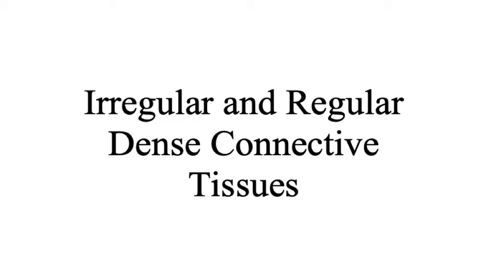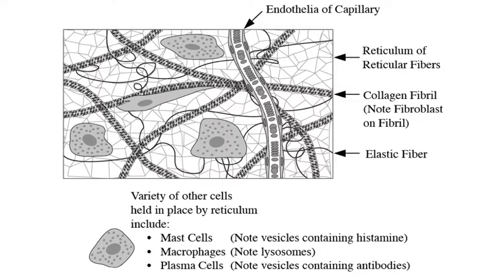And so right here, here's this image. And you'll recall that in it, I've got these collagen fibrils that the fibroblasts made. And so when I'm dealing with a dense connective tissue, it's going to be densely packed with collagen fibrils.